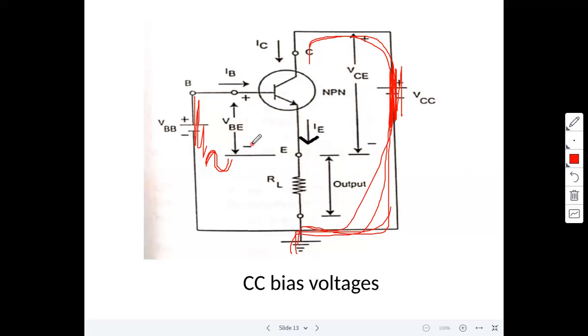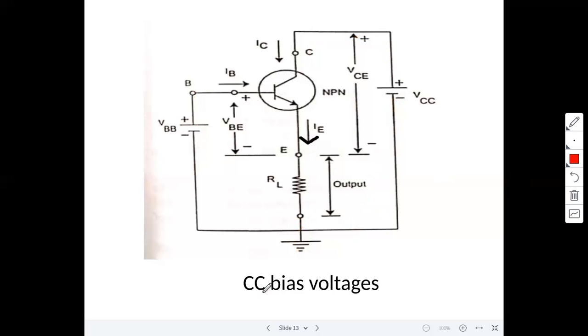Now what is output? Output is taken at the emitter. Input is between base and collector. Output is between emitter and collector terminals. Remember, that's why this is common collector configuration with respect to AC signals. Coming to the biases, how to apply bias voltage here.